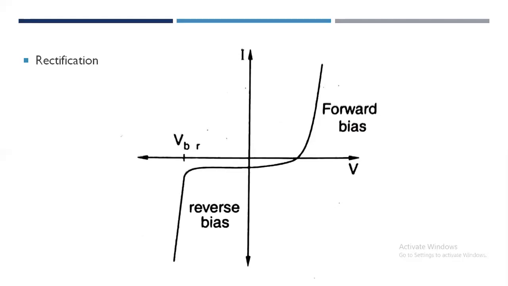In the reverse mode, no current passes. In the forward mode, there is no barrier to current flow. A half-wave rectification results. The diode is said to have low impedance in forward bias, and high impedance in reverse bias.